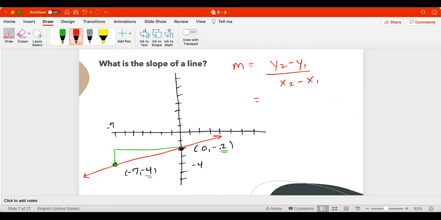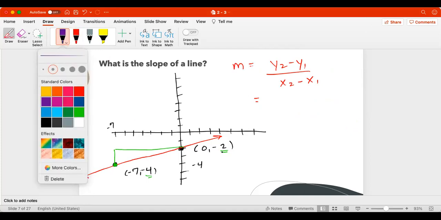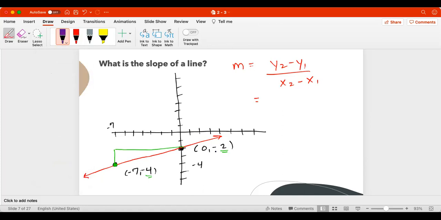You just have to be consistent. And what I mean by that is when I choose my y2, I'll say this is y2, -2, and I subtract this one, I'm going to keep that same pattern. I'm going to take this one and subtract this one.